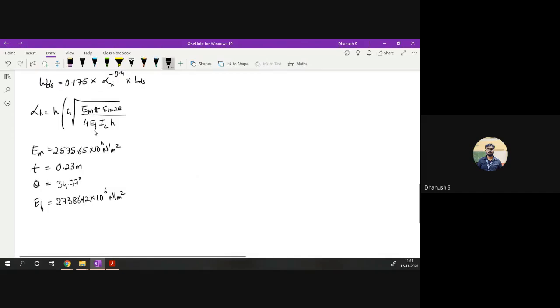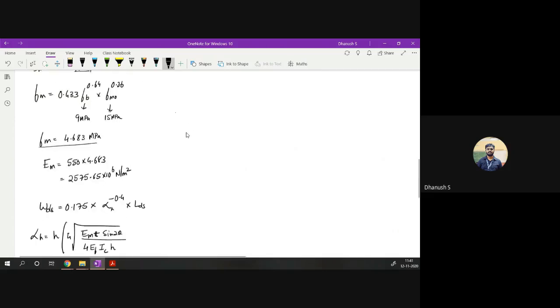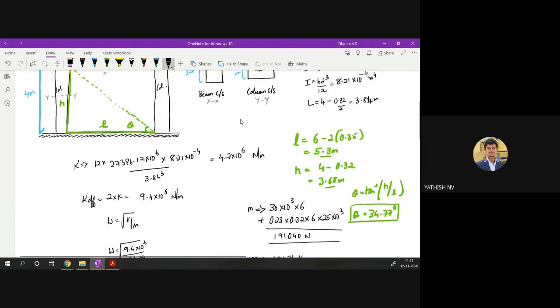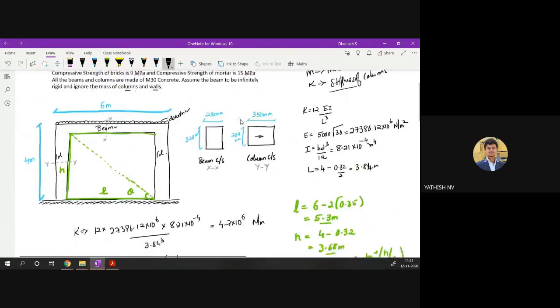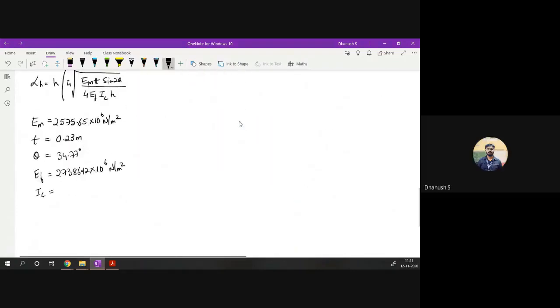Okay. Next, we need the moment of inertia of the column. IC we've also calculated, it is bd cube by 12. How much is it? We calculated it somewhere: 8.2 into 10 raised to minus 4 meter to the power of 4.